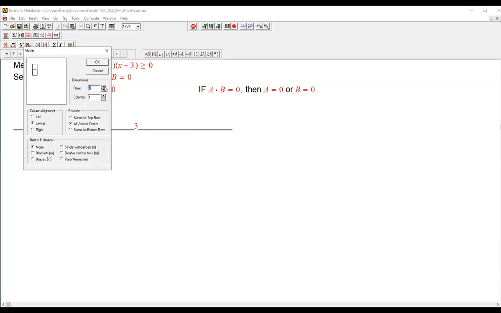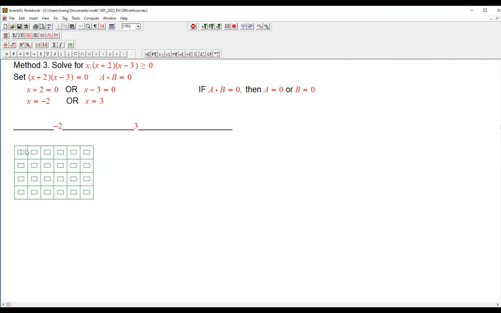So I'm going to have a couple columns, 4 rows might be enough, so that we have intervals. I put this method there so you have exposure to different ways of presentation.